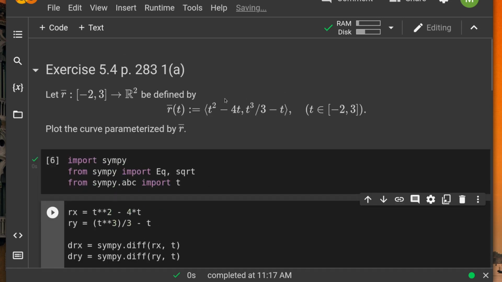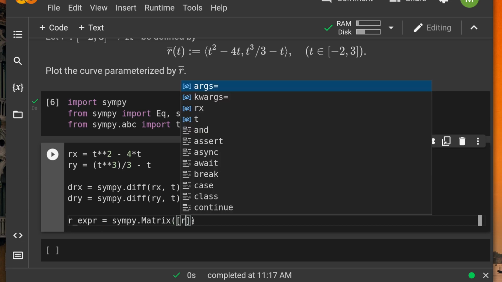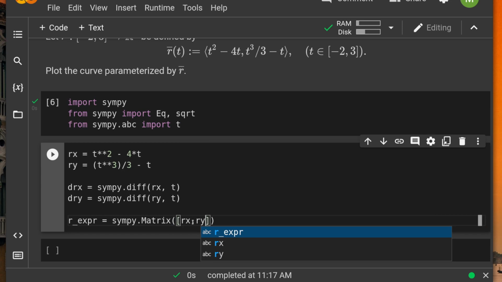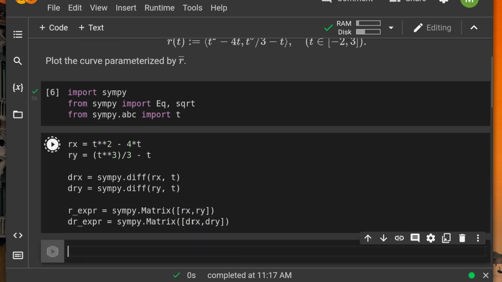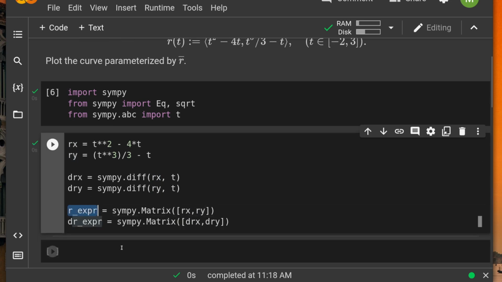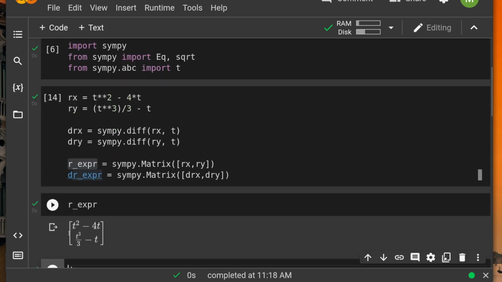This is just going to be the right-hand side of this definition of r, and I'm going to use a SymPy matrix. This matrix has two components: the x component and the y component. And we're going to do the same for the derivative. All that this does is group the components together.